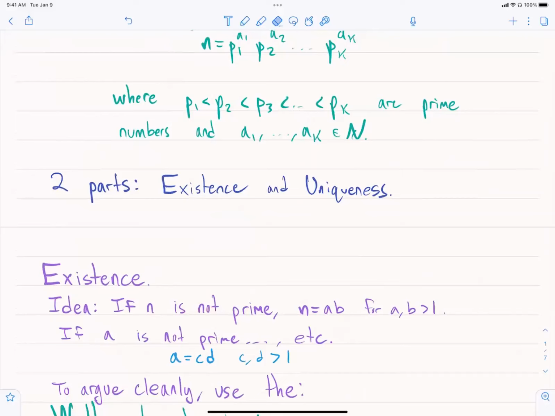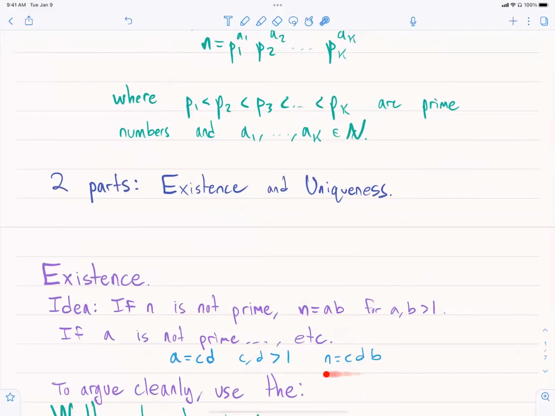So if a is equal to cd, then n is equal to c times d times b, and then you just treat each of these individually. Because these are always proper divisors, you're always making these numbers smaller. If you keep on going as long as you can, eventually that's going to stop, because if you start with 1,000,000, you can only make these numbers smaller at most 1,000,000 times, but eventually that's going to stop.